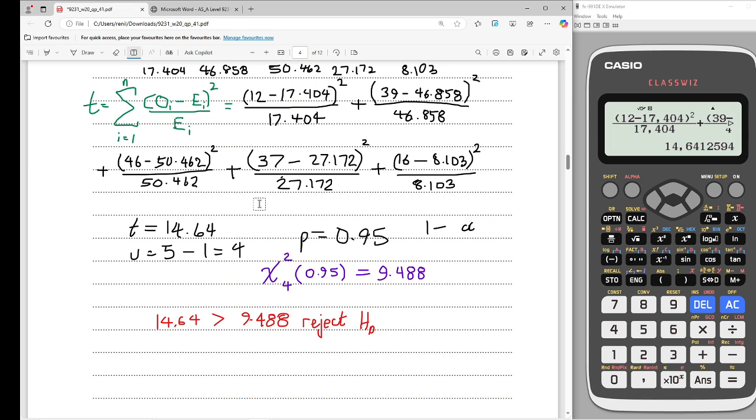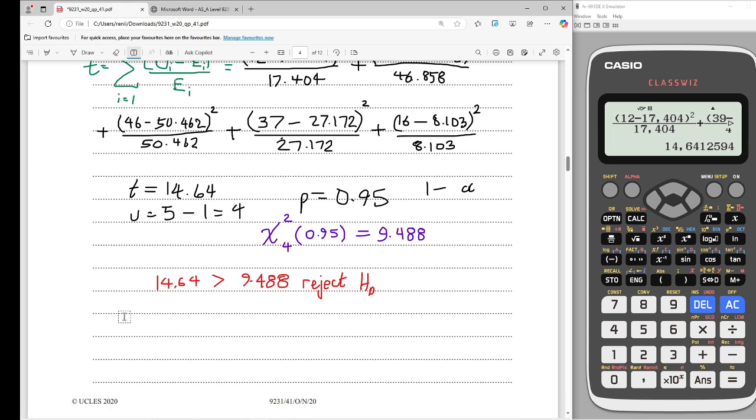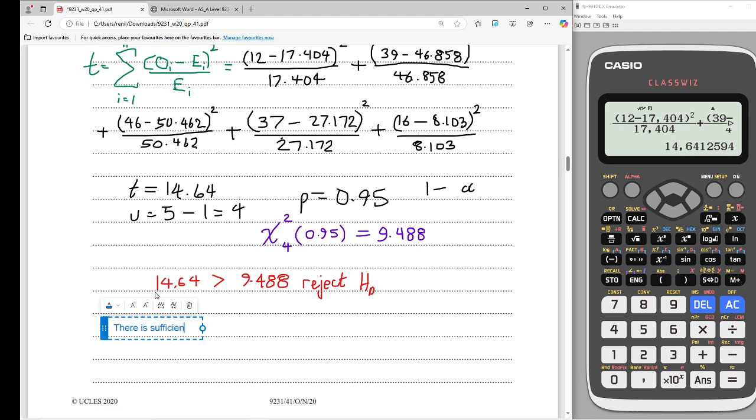There is sufficient evidence to support the alternative hypothesis, or in this case we can say there's sufficient evidence to reject Freya's claim. That's one way to frame a conclusion. We need some degree of uncertainty, so yeah.